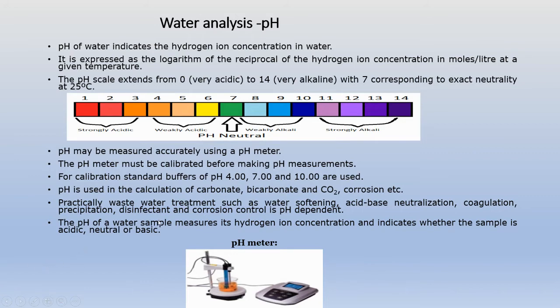The pH of the water sample measures its hydrogen ion concentration and indicates whether the sample is an acidic, neutral, or basic solution. In this diagram you can see the pH meter, and this is the pH electrode.